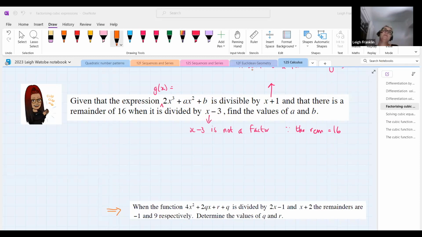No, limits are not part of the CAPS syllabus. So the only time that you would be using any form of limit would be in first principles, where your limit is as h tends to 0. That's the only other time. But you're not going to be calculating any other limits.